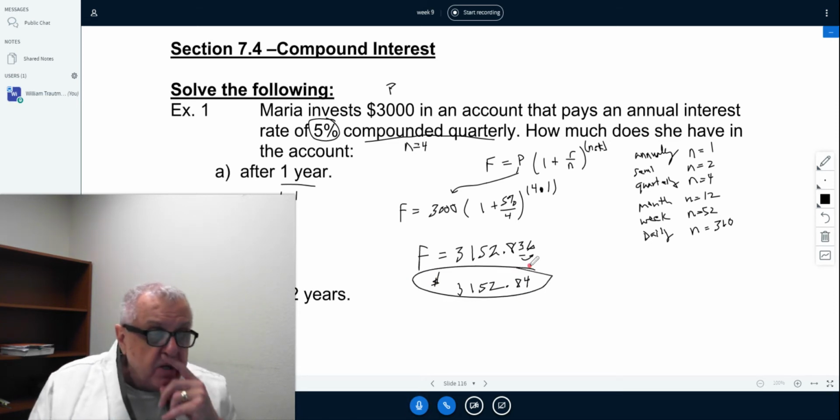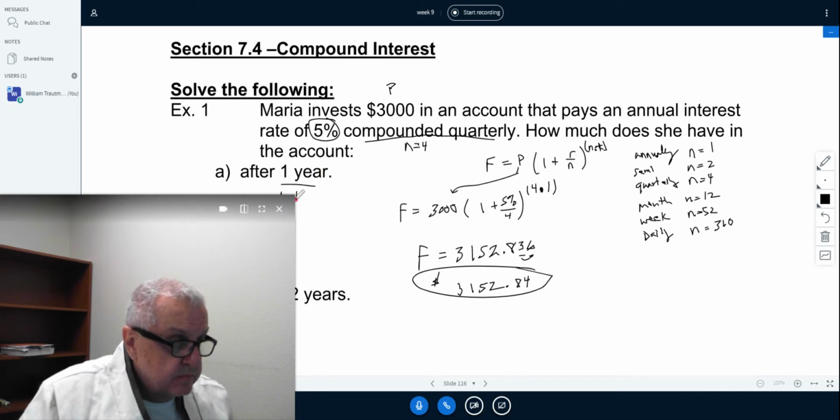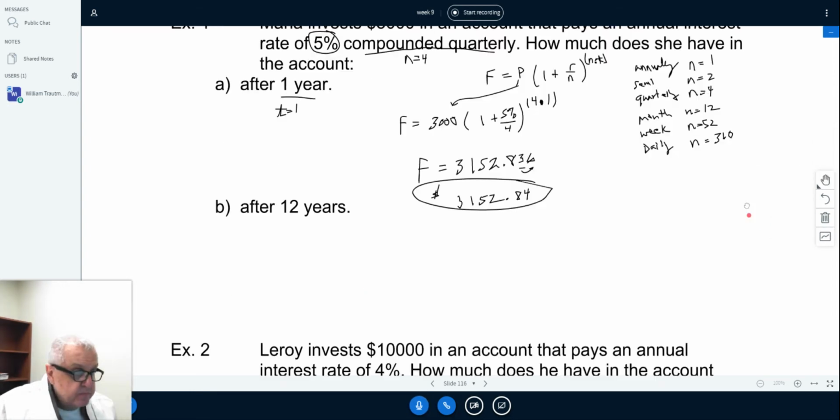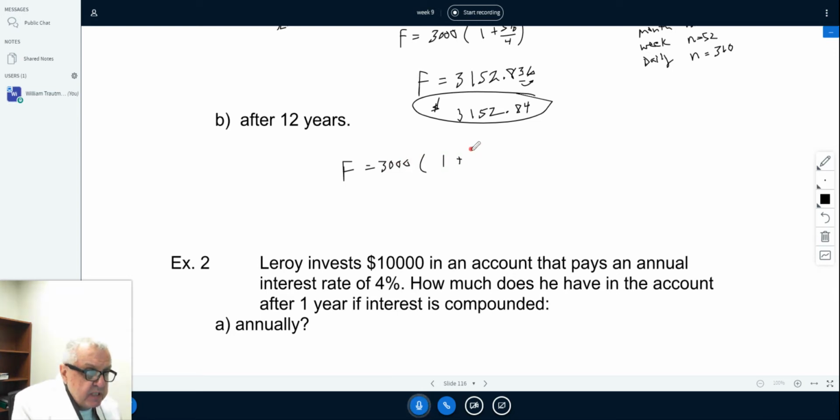Okay, so we're going to try to do the same thing with 12 years. The formula is exactly the same, though we change a couple of things. We're starting with 3,000, 1 plus 5%, compounded quarterly.